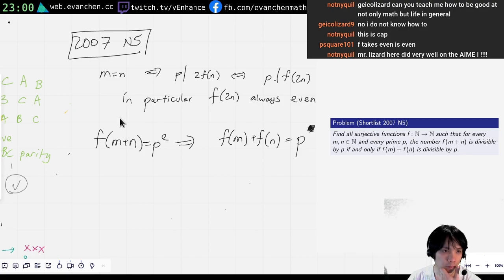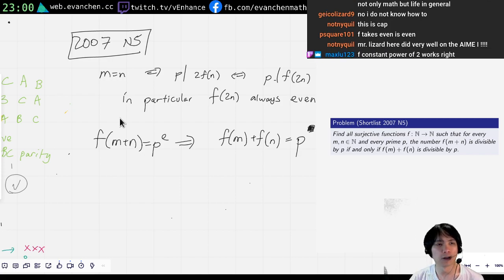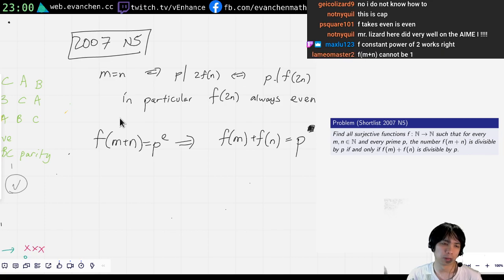Yeah, f takes evens to evens. Like, how do you eventually pin down any? f is surjective at max. I'm just trying to think how you can eventually pin down a number.